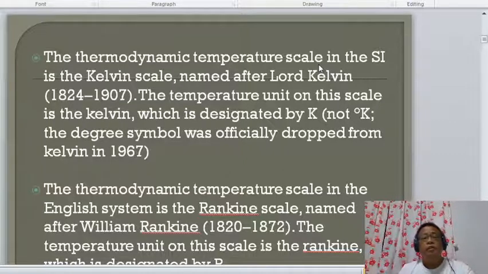It is designated by the capital letter K. The degree symbol was officially dropped from Kelvin in 1967. So you cannot say degree Kelvin, but only the capital letter K for the Kelvin scale.